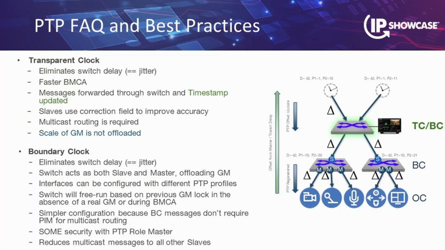Transparent clock and boundary clock both really aid in providing, again, a scalable and accurate distribution network for timing. Transparent clock eliminates the switch delay by calculating the residence time for all the event messages going through the switch and updating the timestamp in hardware. This is beneficial generally in two cases.